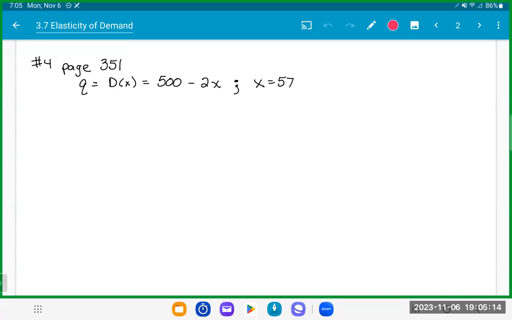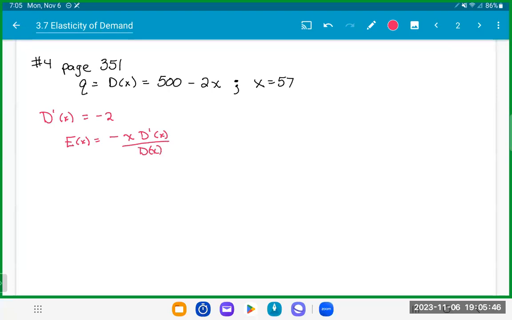So first, in this one, let's do the elasticity equation, right? And so first, to do that, we need to know what is our derivative. So our derivative in this case would just be -2. So our elasticity function is going to be -x d prime of x over d of x, right?